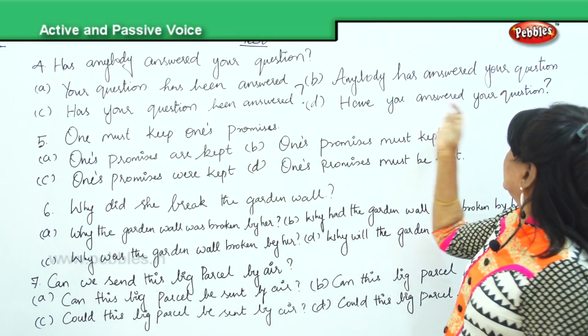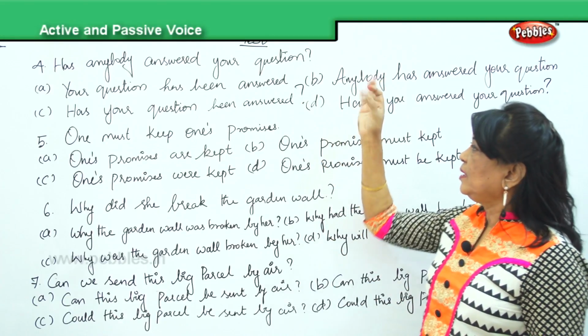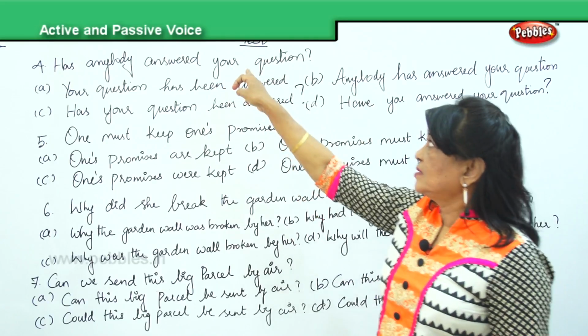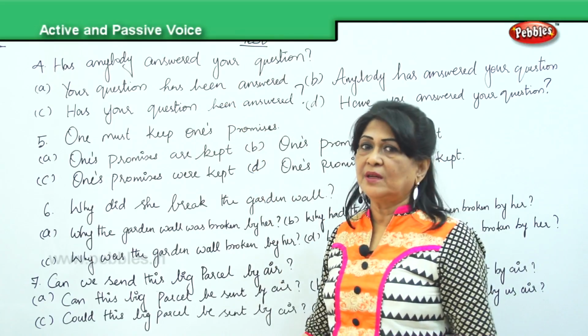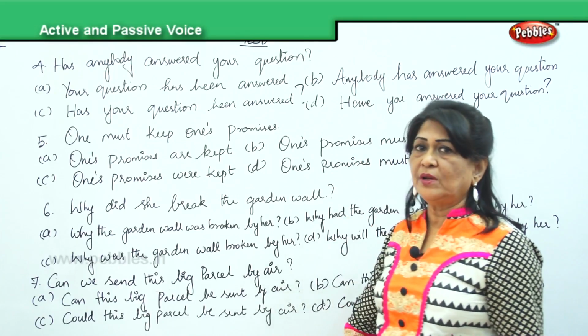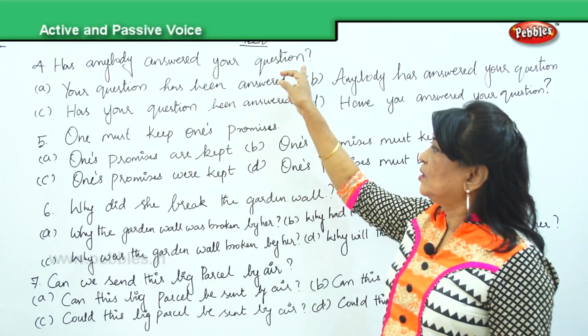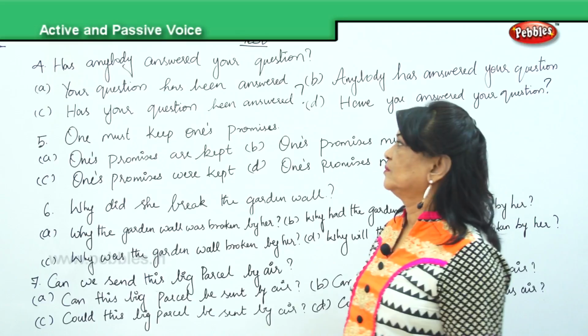C and D. Okay. So A and B, your question has been answered. Now you are asking a question and this is a reply. So it cannot be a correct option for your question, isn't it? Your question has been answered is wrong.